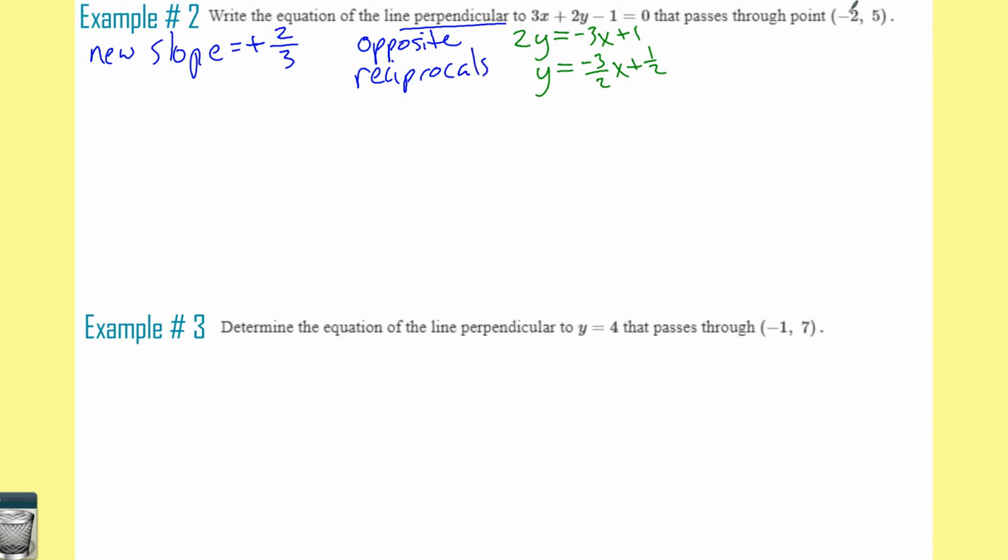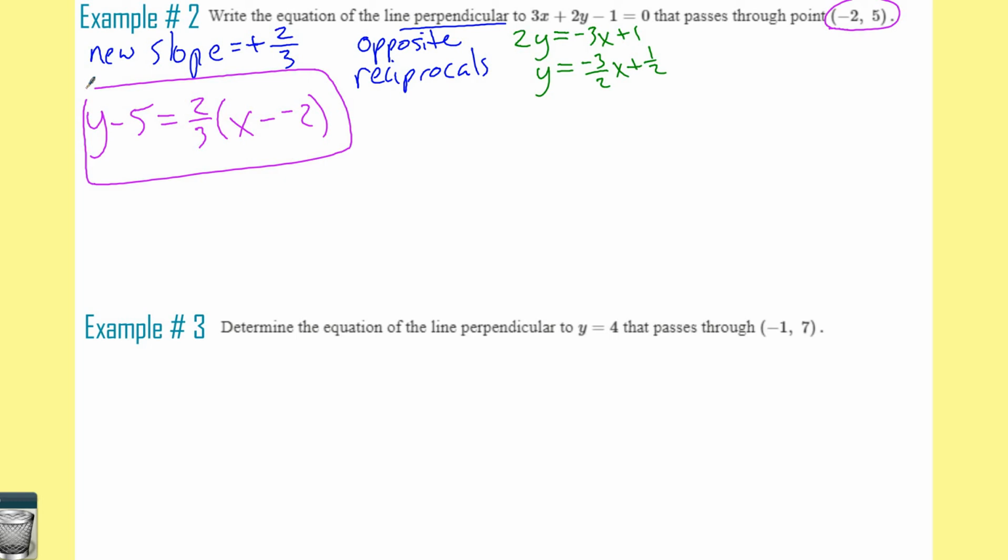Now, it also passes through the point negative 2 comma 5. So, y minus 5 equals 2/3 (x minus negative 2). And we're going to write the equation of the line. Here it didn't specify which equation, so you could probably just leave it like that.